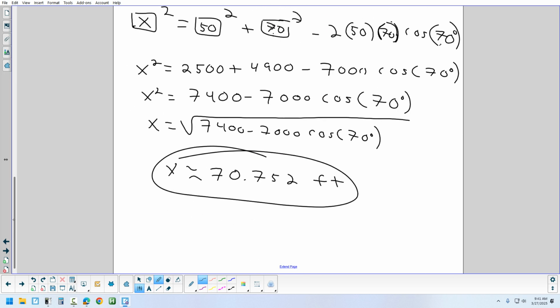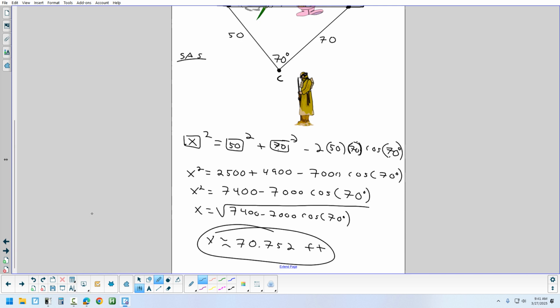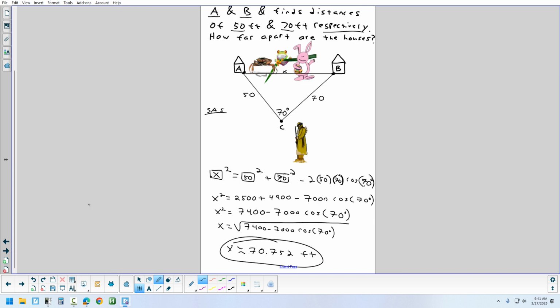Okay. So that's the distance between the two houses. And the best part is we did it safely. We avoided all the perils. Any questions on that one? All right, so that's law of cosines.